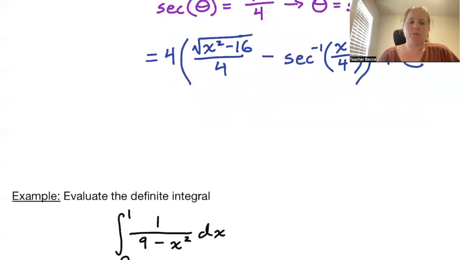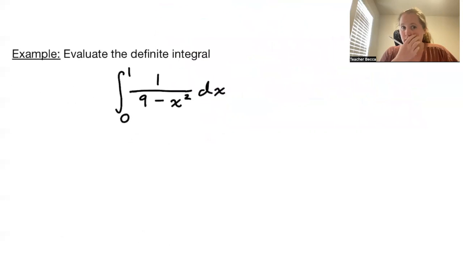Let's go ahead and do one more example. Let's evaluate the definite integral from 0 to 1 of 1 over 9 minus x squared dx.